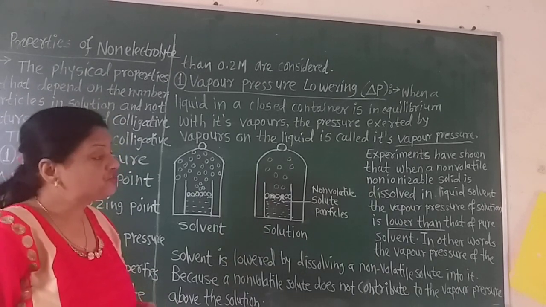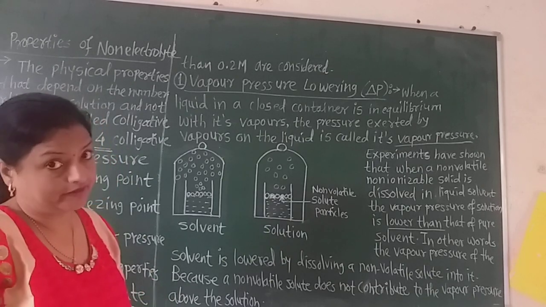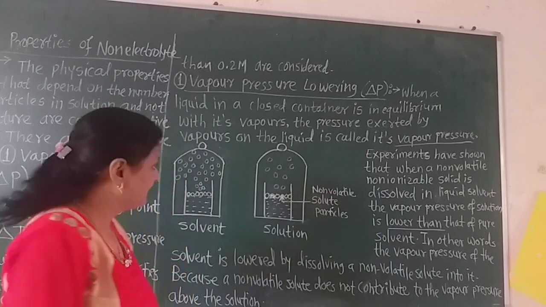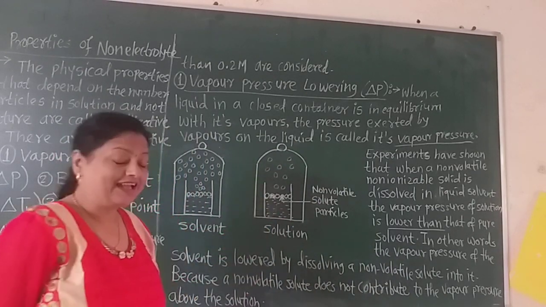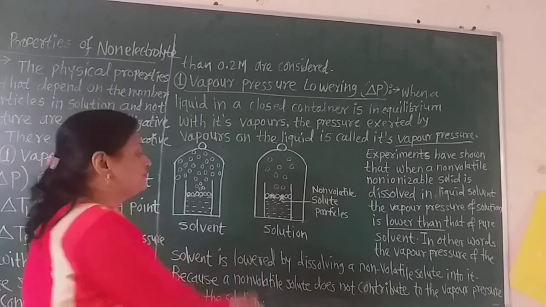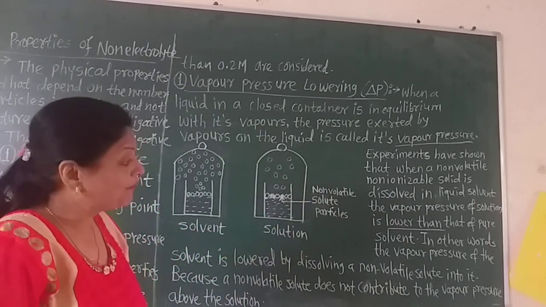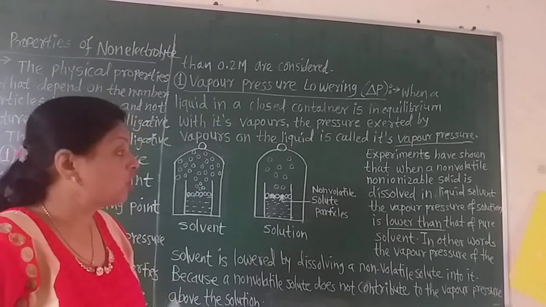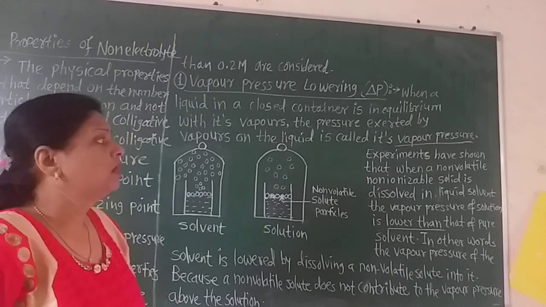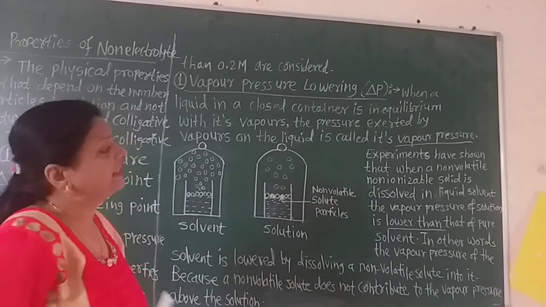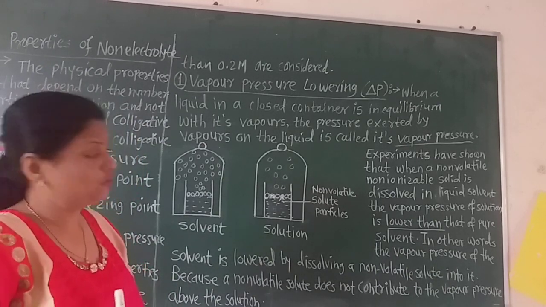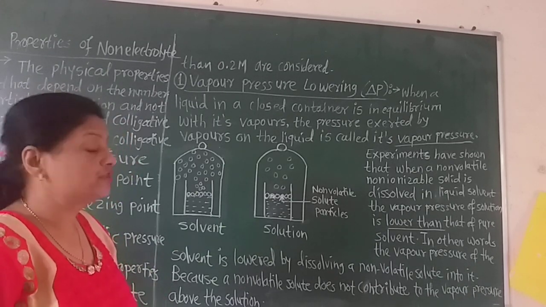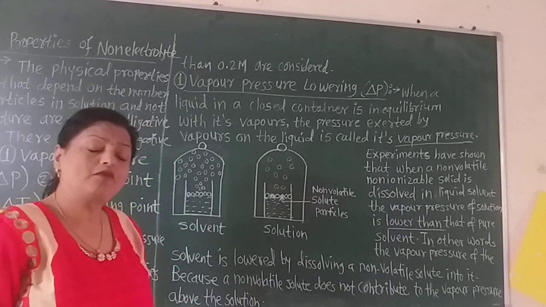The vapor pressure of the solution is lower than that of the pure solvent. The reason is that this solid particle interferes with the vaporization of the solvent particles. So the vapor pressure of the solution is lower than the vapor pressure of the solvent. So experiments have shown that when a non-volatile, non-ionizable solid is dissolved in the liquid solvent, the vapor pressure of the solution is lower than that of the pure solvent.